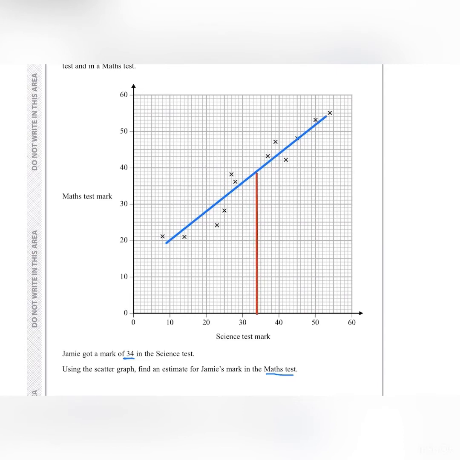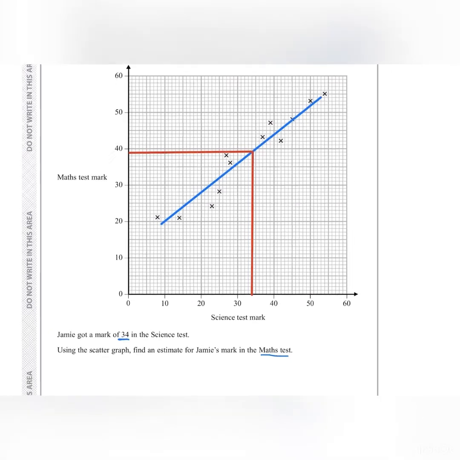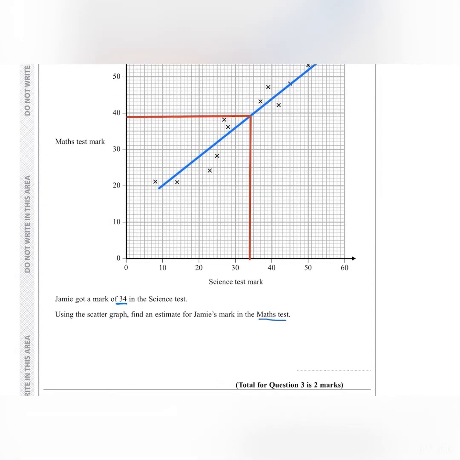So go up to this line and then read across the value over here. It looks like Jamie got 39 marks in his maths test. 39 marks.